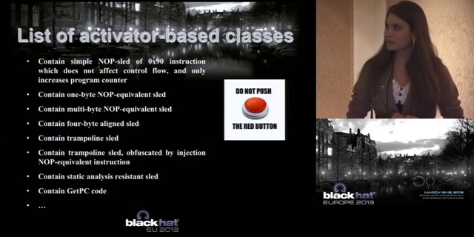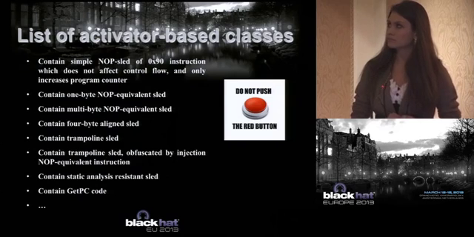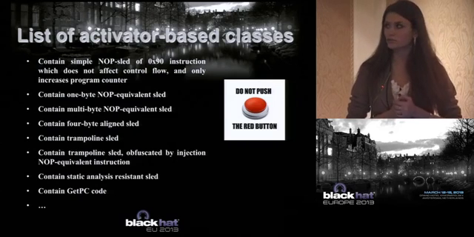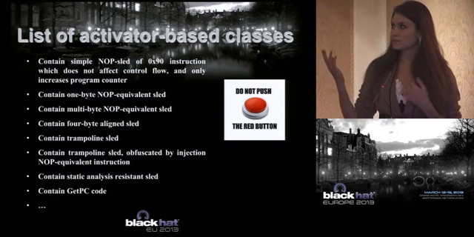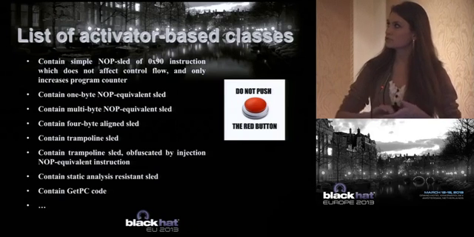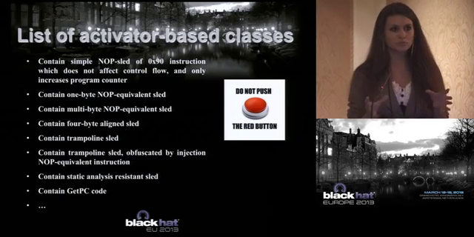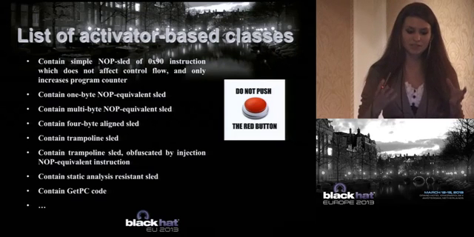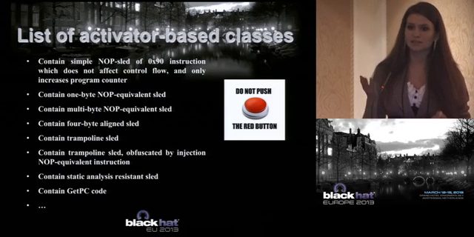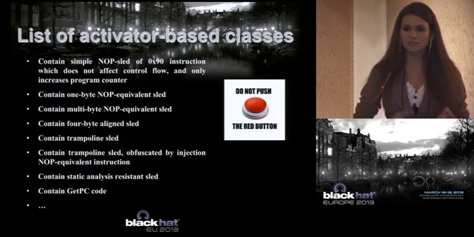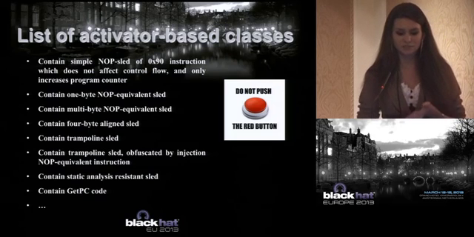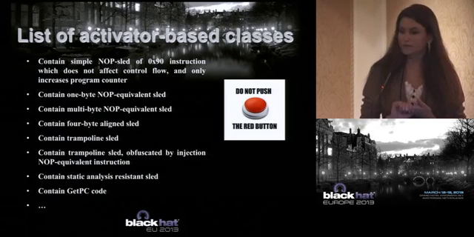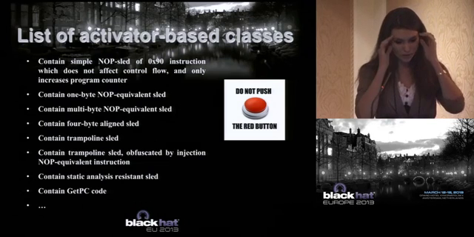Depending on those features, we could present some set of shellcode classes. They could be grouped into meta classes like activator-based classes, payload-based classes, return address-based classes, decryptor-based classes, and so on. Here is an example.